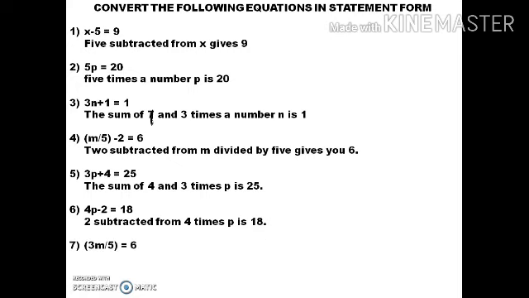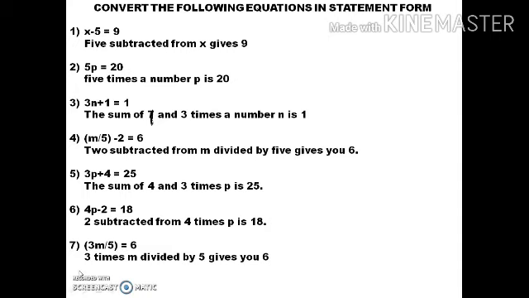Now 3m by 5 is equal to 6. 3 times m divided by 5 gives you 6. This is how you read the equation itself, right? 3m by 5 equal to 6.